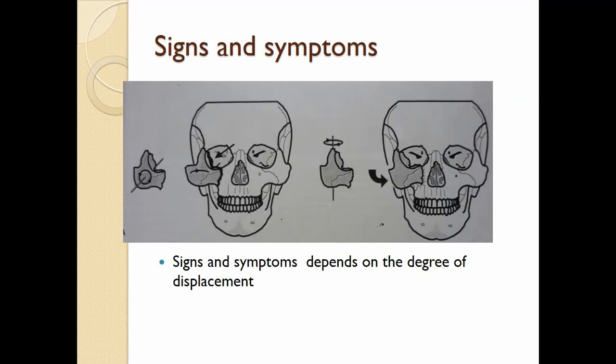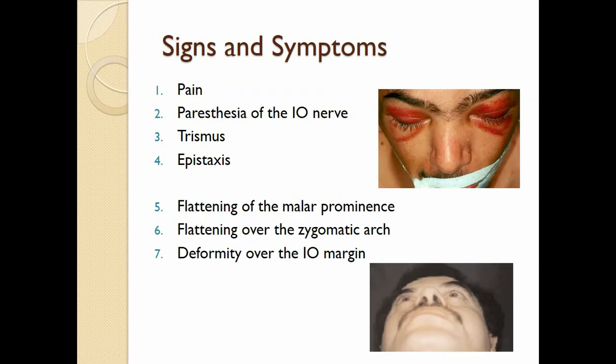Next, the signs and symptoms of the zygomatic fracture. Mainly, the signs and symptoms depend on the degree of displacement. It might go inward or outward. The main symptom is pain over the particular area of the bone.